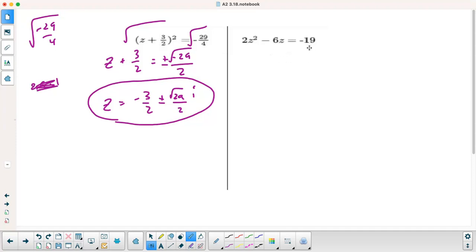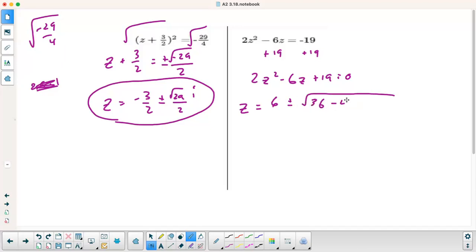So this one, before I can start firing out the quadratic formula, I got to move the 19 to the left. So be negative b. So negative 6 is positive 6. Negative 6 squared is 36.